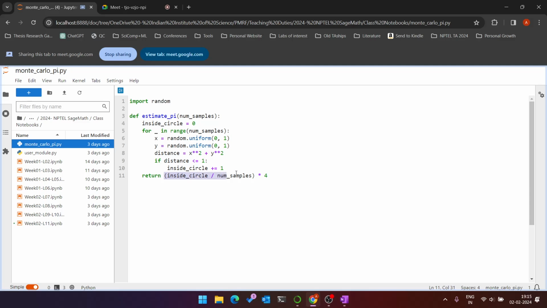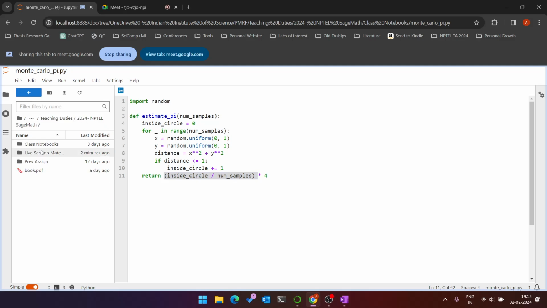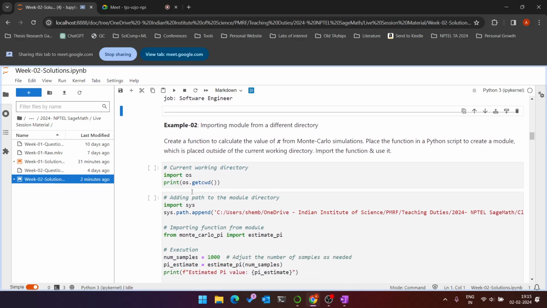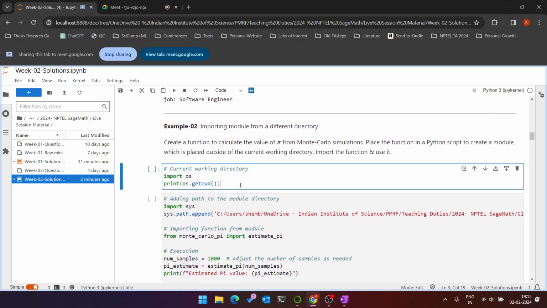So we just calculate the ratio and multiply it by 4. You can see that this is a different directory, and now I'll go back to my home directory, which is live session material, and we are back to our current Python notebook.